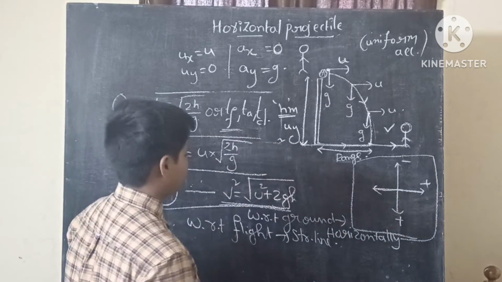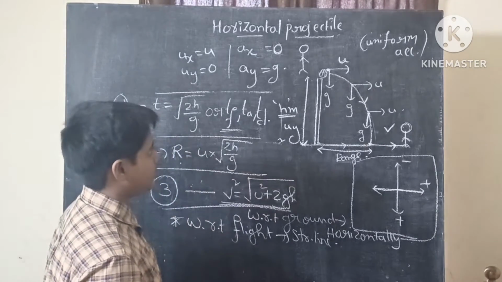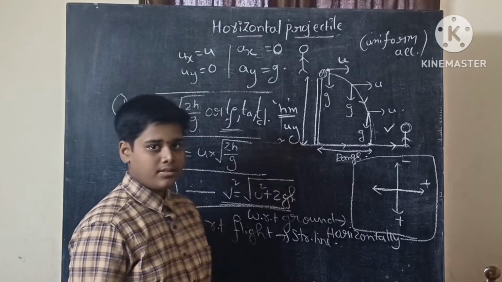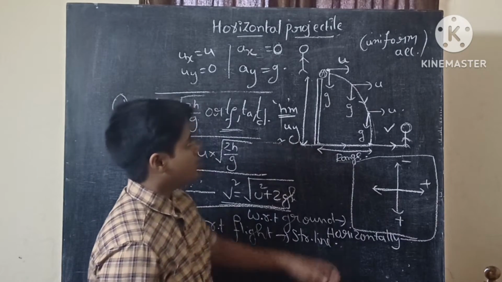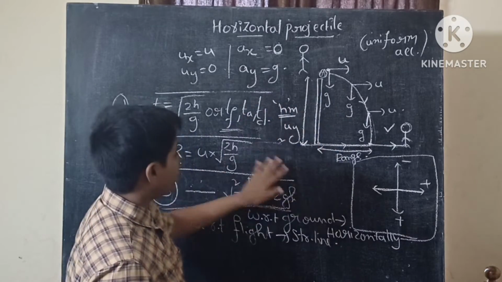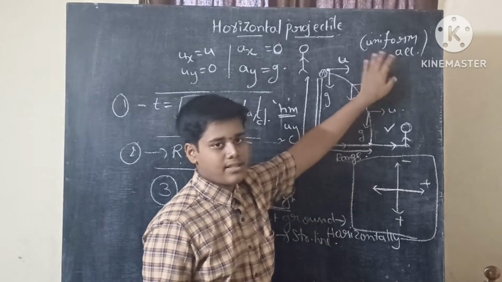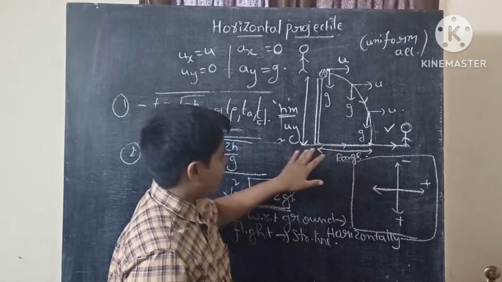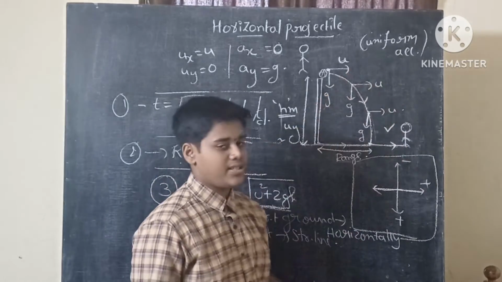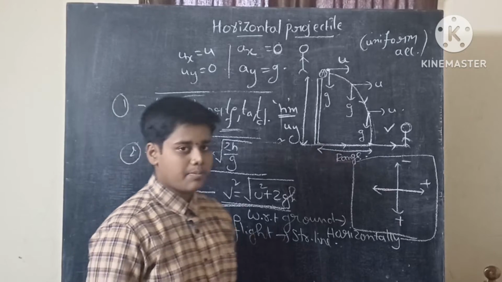These are very important points. So this is horizontal projectile, the full topic. Before going on, there is a main point: it is uniform acceleration. Gravity is uniform acceleration, and along the x-axis also uniform acceleration.